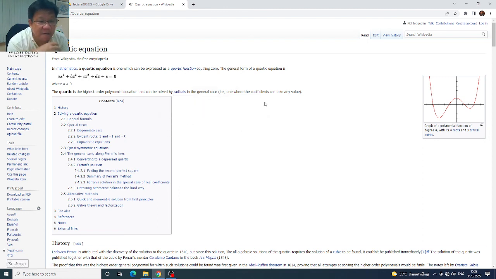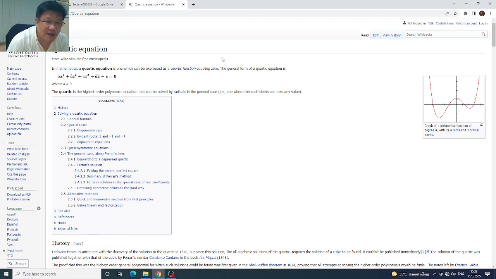Which means that, remember in the second order we have a well-known formula to solve for the roots of the quadratic equation, but the formula gets a little bit more complicated when you move to the third order and fourth order.